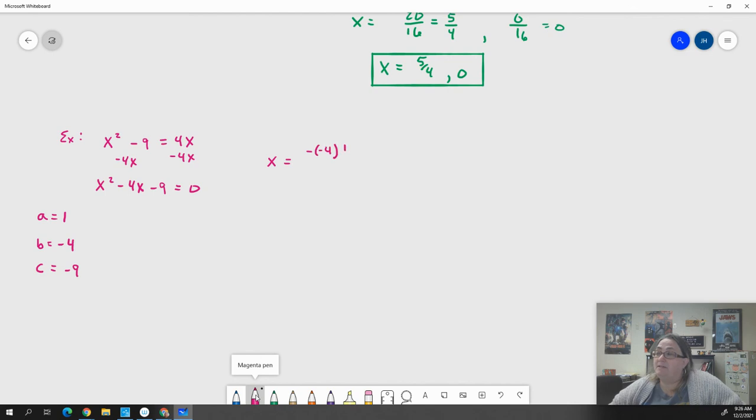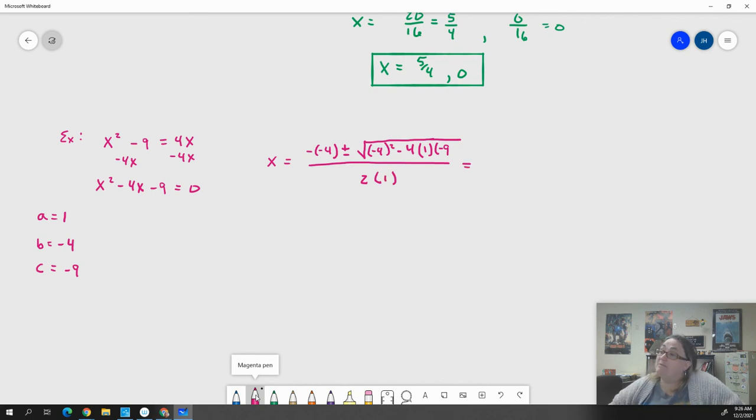Minus, I hate saying minus, plus or minus the square root of B squared. Well, that's negative 4 squared, minus 4 times our A, which is 1, and times our C, which is negative 9, all over 2A, all over 2 times 1.